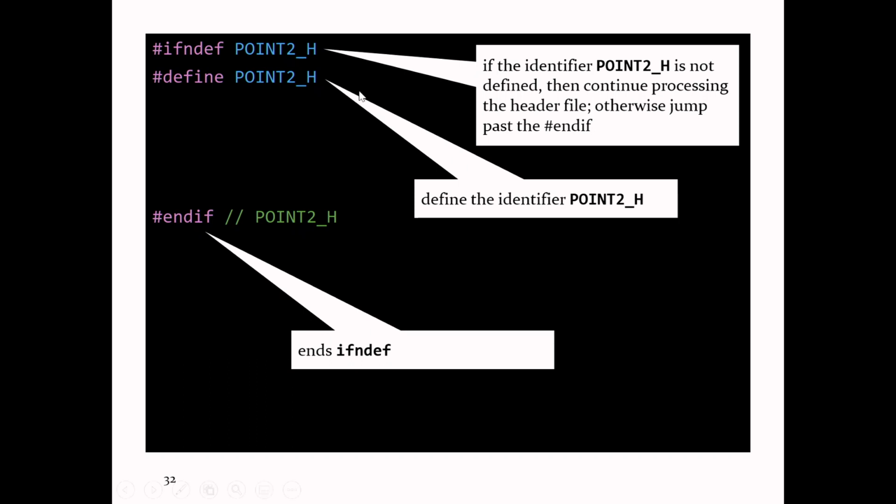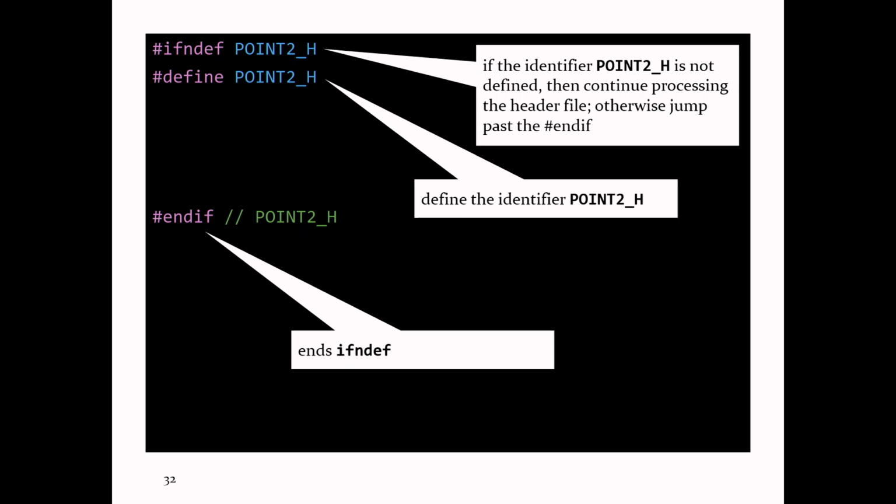Well, we'll just say it runs for now. If that name hasn't been defined yet, I'm going to define that name. Define is the preprocessor directive that says the name POINT2_H now exists.